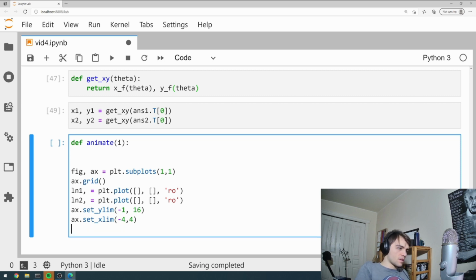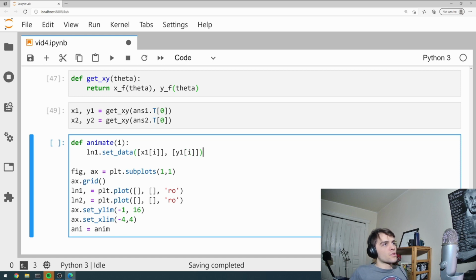So this gives us reasonable limits, and let's create an animation. Our animate function will basically just set the data here. It sets this line data, so it just returns the coordinate x1 at position i, and y1 at position i.